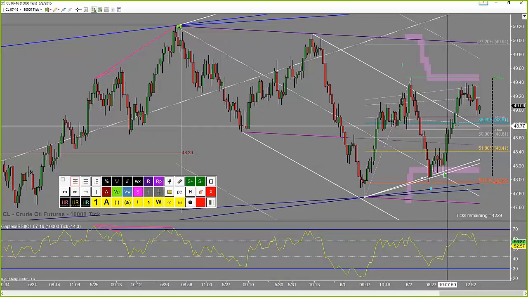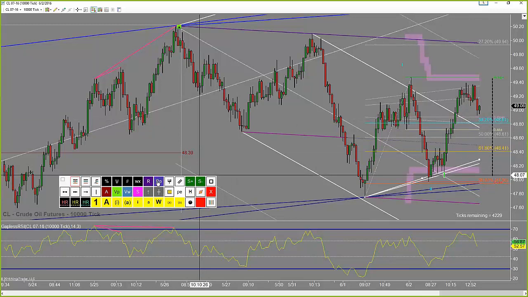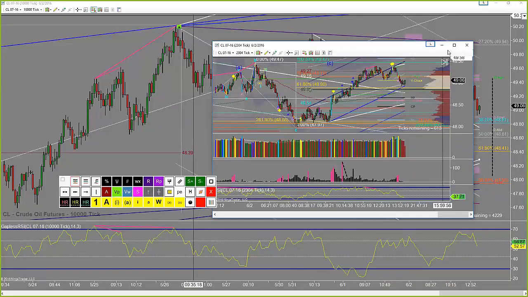So if that's the case, what do we have right here? What did I just tell you about the end of fourth waves? What do they typically do? Which is why I just almost took a long trade just now.